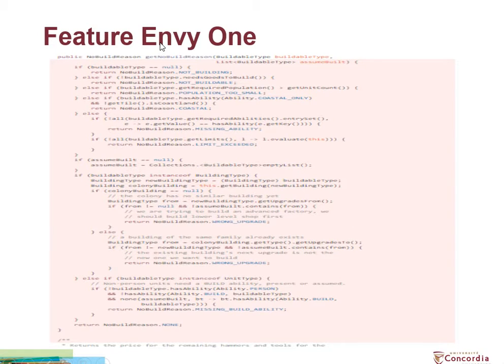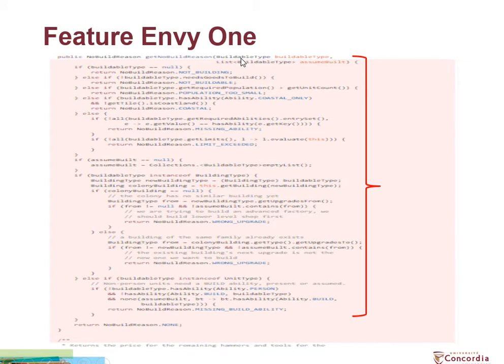The next conditional type is feature envy. We also have two kinds of feature envy so that we can have a comparison between these two. One of them is increasing coupling, and one of them is decreasing the coupling between classes. In this picture, you can see a method, get no build reason method, which is using an instance of type buildable type, and also it's using many methods of this class.